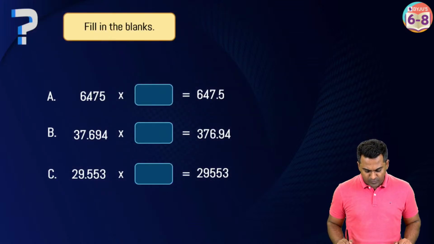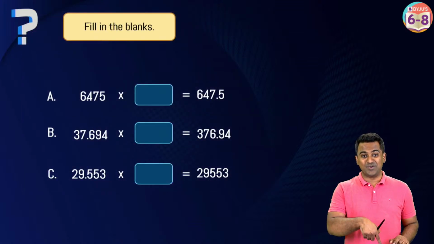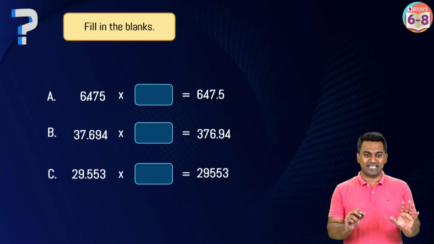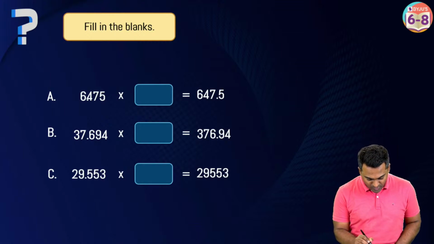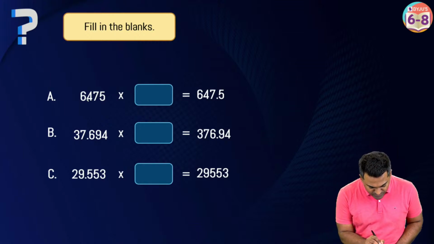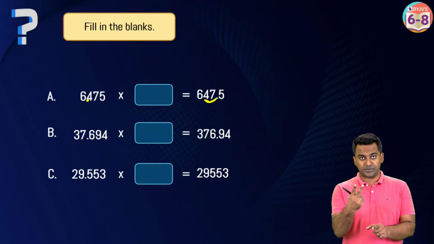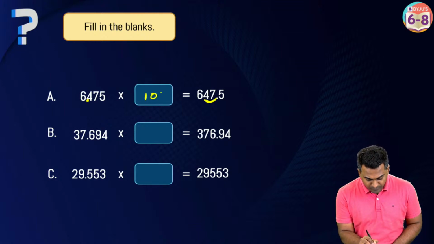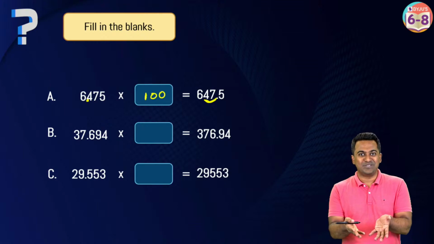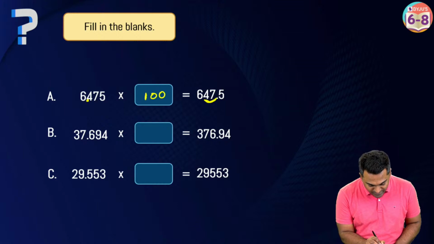Now you have got to tell me what I need to put in this blank. So Malti says, understood, well done, cool. Now look at this here. The decimal point was here, right? How many times has the decimal point moved to the right? 2 times, right? So what will I put here? 1 followed by 2 zeros. Yes, and now the decimal point was here.